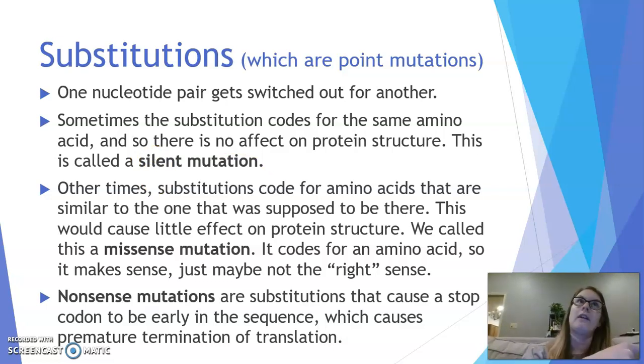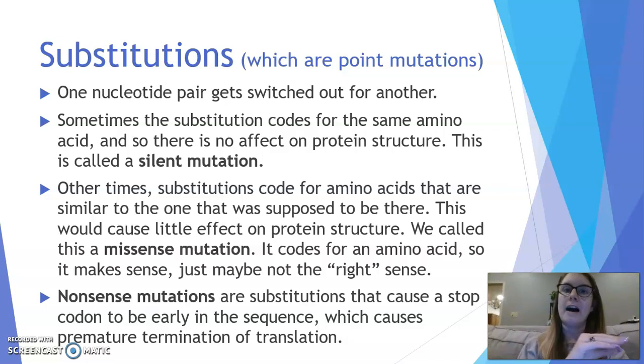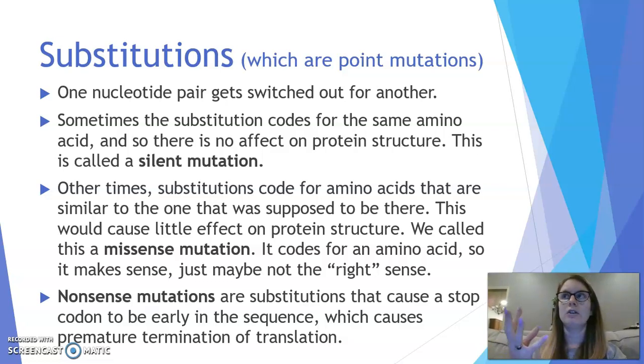But then sometimes you might code for an amino acid that is maybe similar. Like I was talking about on the last slide, valine and glutamine are clearly very different amino acids. They're not in the same classification, because when you have that substitution happen, you get sickle cell anemia, which is not good. You get this big change in your protein structure. But sometimes you do switch out for an amino acid that's really similar, in that same category. So maybe you change out one that was positively charged for another one that's positively charged, or one that was hydrophobic for another one that's hydrophobic.